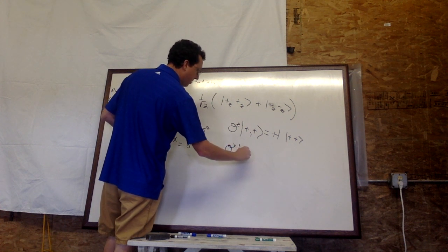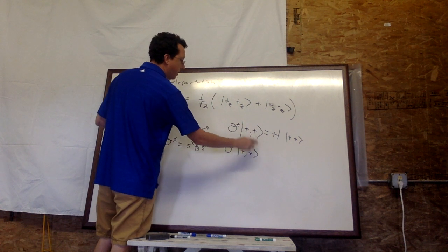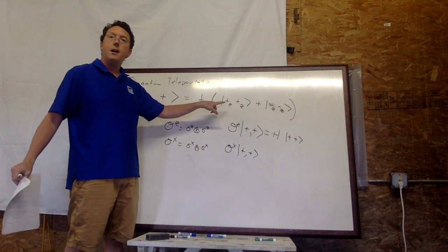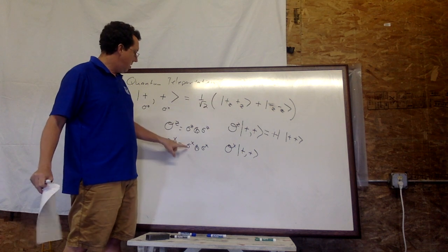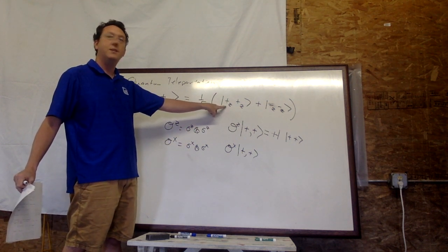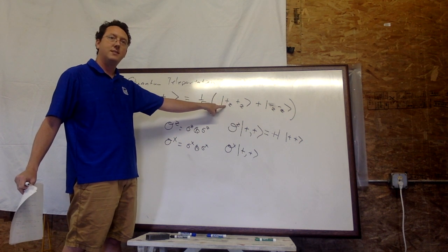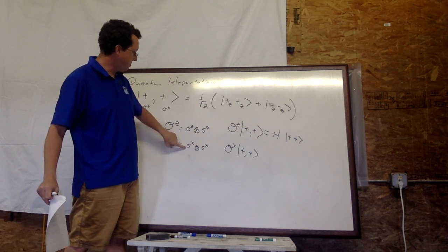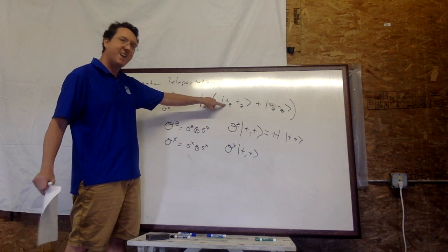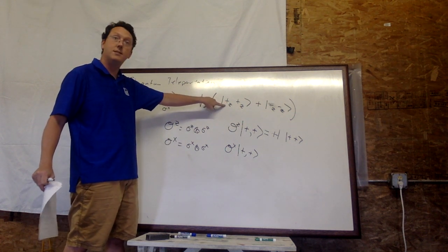OX acting on plus plus. Well, the notation tells me it better be a plus 1. How does that work out? What does sigma x do to the first? Change it to a minus. So this first factor in the operator flips the first factor in the vector to a minus.